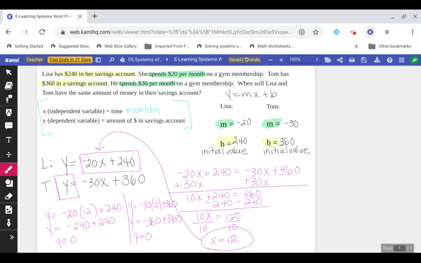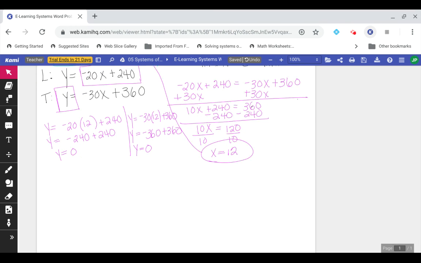We do want to always make sure that we are writing our answer in context. So we do want to make sure that we have the answer to the question, which is in 12 months, Tom and Lisa will have the same amount of money in their savings account.